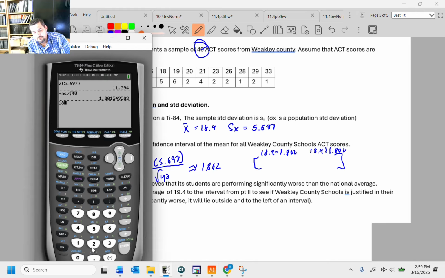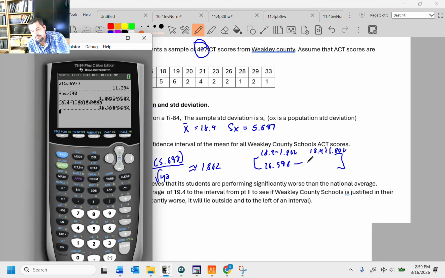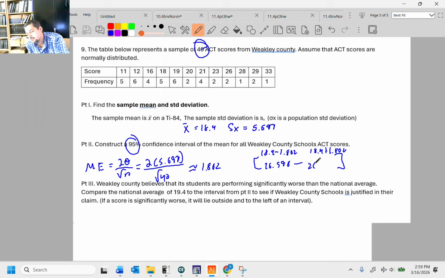So we got 18.4 minus that thing, 16.598, through, because it's about a range. That's why we use the through notation there. And then we got 18.4 plus that, which is 20.202. I don't know why I'm doing this in a calculator. Apparently I am that tired. I feel kind of insulted now.